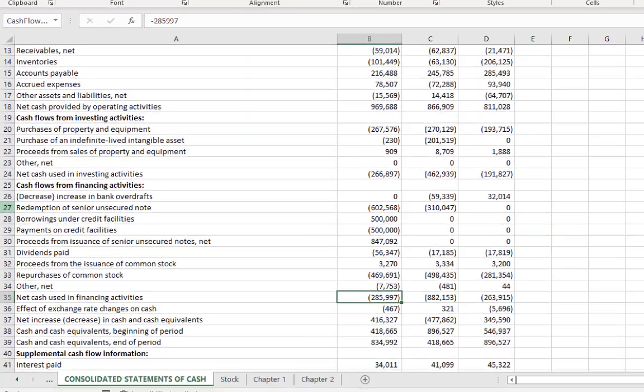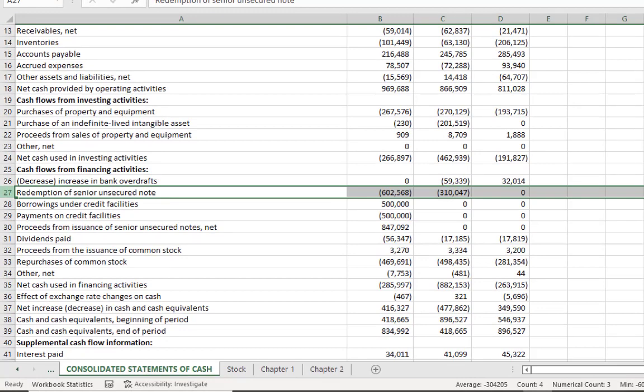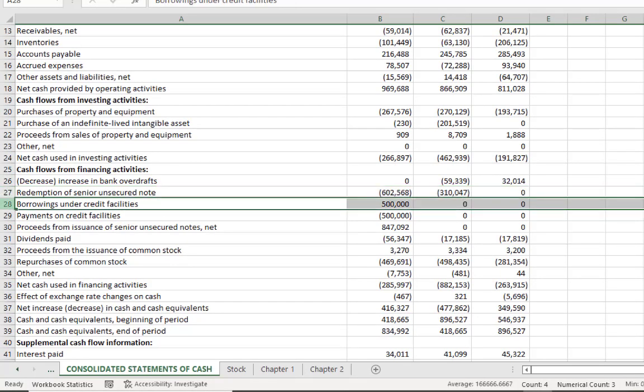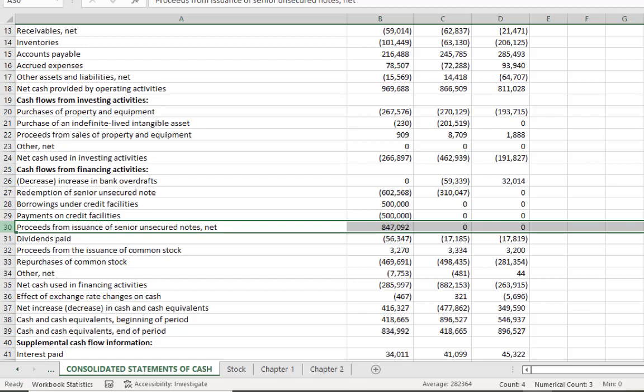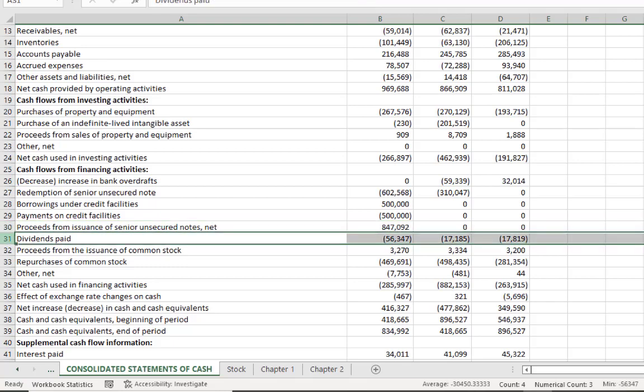They have basically paid off some notes, but then they borrowed under credit, but then they paid the credit. So that basically wipes that out. They had some proceeds from some senior unsecured notes. They paid dividends.